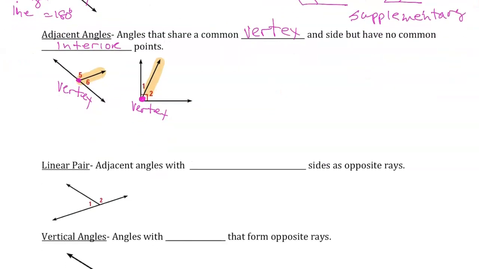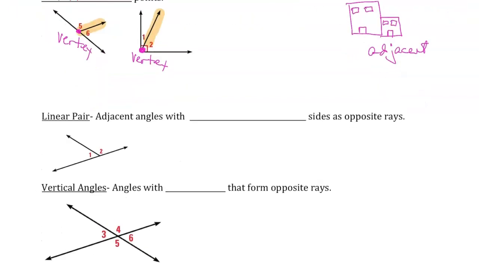Okay, so they have to be next door to each other. So these are like townhouses. You know how townhouses share a common wall? They are adjacent, just like these angles are adjacent. All right, so give yourself a little sketch so you have a visualization as to what that means, and it'll help you retain it. Okay, linear pairs.